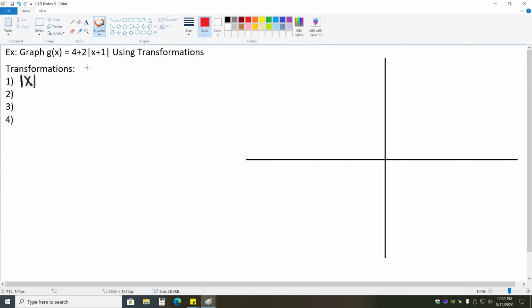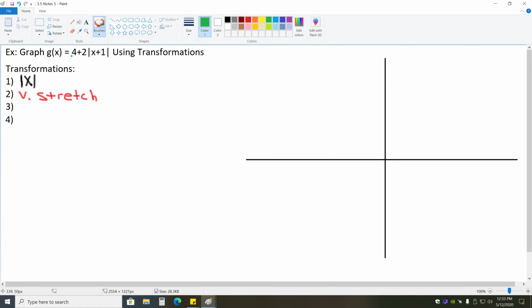From here, we go to multiplying. We're multiplying that absolute value function by a 2. It's a positive 2, which means there isn't a vertical reflection, but there is a vertical stretch. Remember, it's a vertical compression if the number is between 0 and 1. From here, we now go with addition and subtraction.